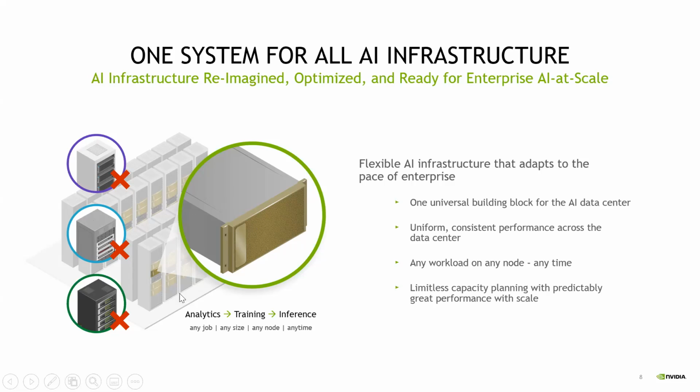So if you want to do analytics, training, inference, any job, any size, any node, any time. That's a lot of promises actually. And you must be thinking, why am I praising that so much? But I am telling you the truth. This is actually a presentation that is created by NVIDIA only, not by me.